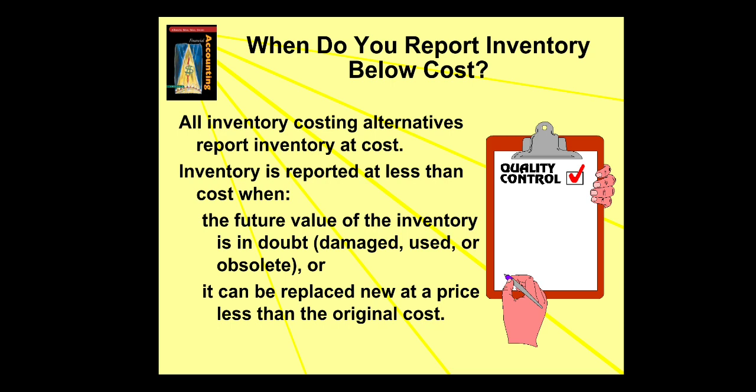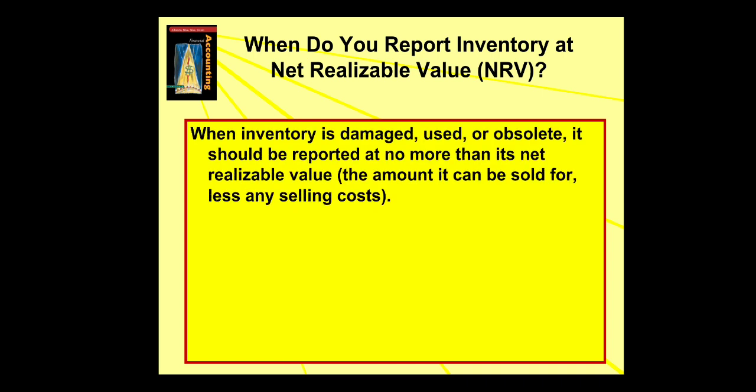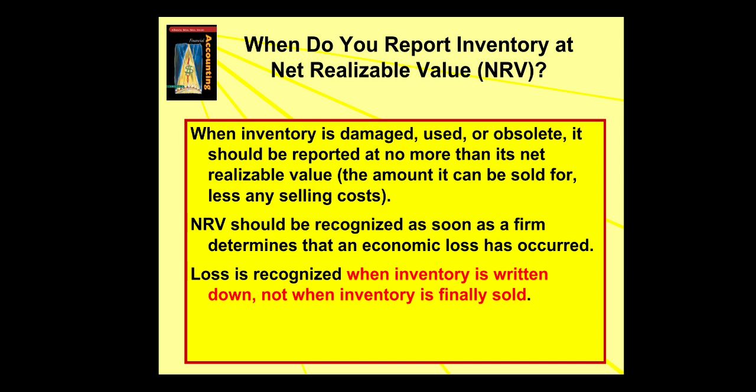So when you show inventory in the income statement and balance sheet, you have to show it at the lowest amount. Maybe there's a calculation here. You report inventory at net realizable value. Okay, net realizable value, there is a calculation for that.